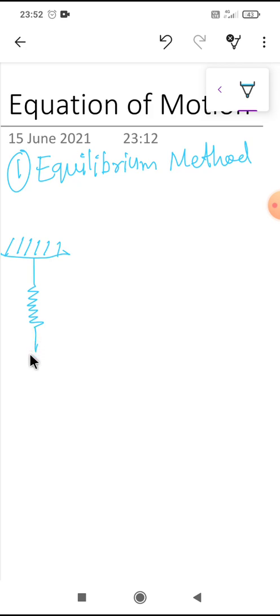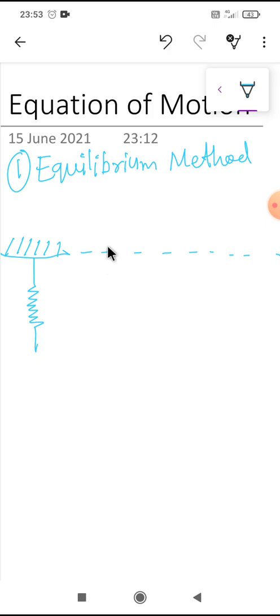So this is a free support, and here the spring has been attached. I'll consider this as the support axis. Now we are not attaching any mass to it, so this is the unstrained position.